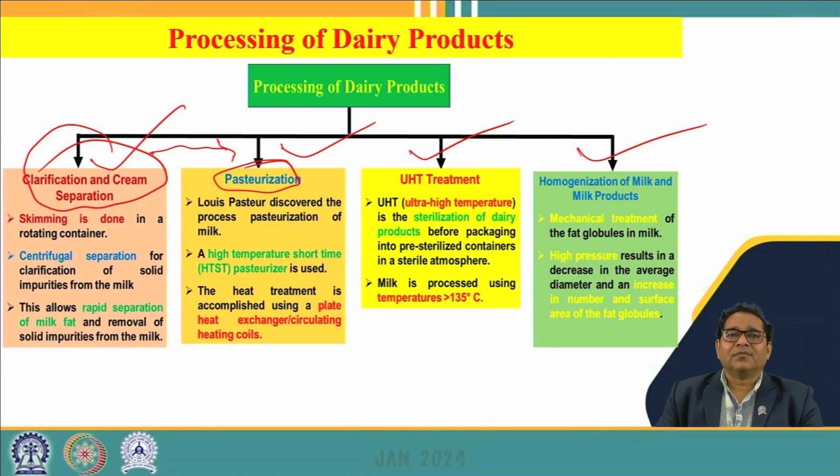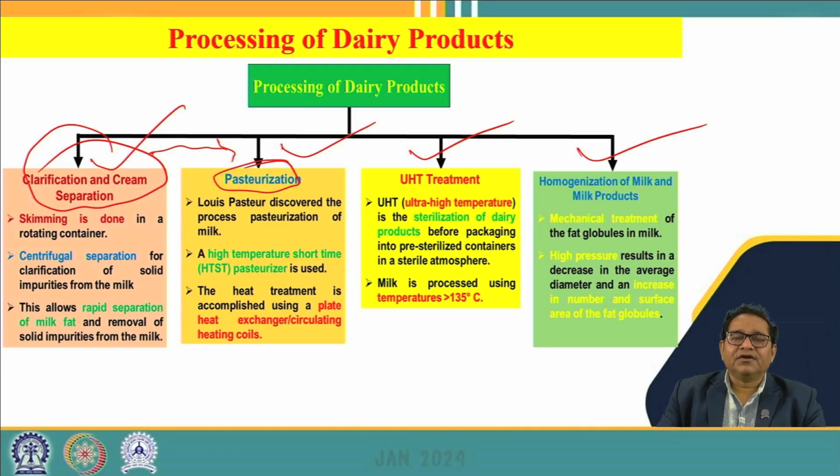So whatever bacteria, whatever microbial impurities are present in the milk, they get disinfected at a high temperature. But this operation is carried out for a short duration. So this process is the HTST pasteurization process, wherein the milk is disinfected from the rest of the biological impurities.